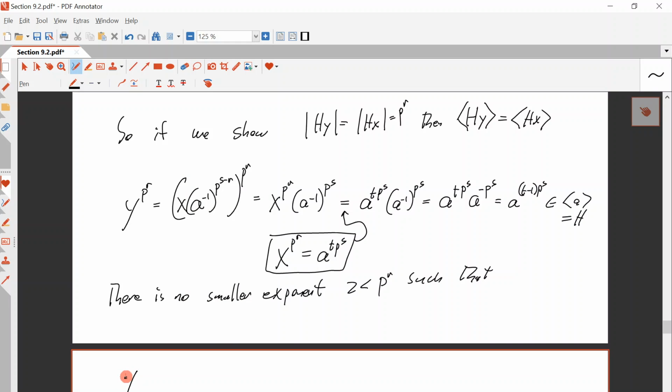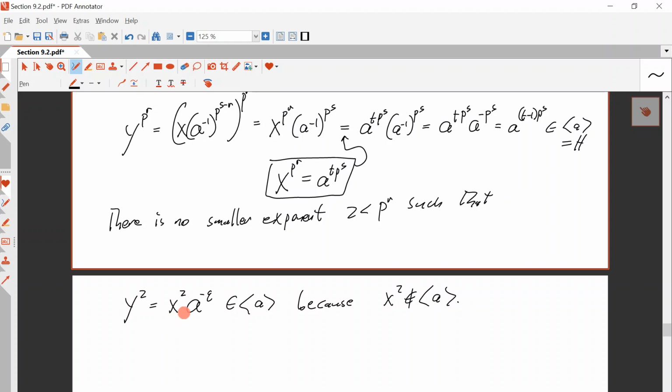Such that y to the z, which is going to be equal to x to the z, a inverse to just some crazy power of a, is an element of the cyclic subgroup generated by a, because x to the z is not in a. Right? The smallest power of x that lands in the cyclic subgroup generated by a was p to the r.